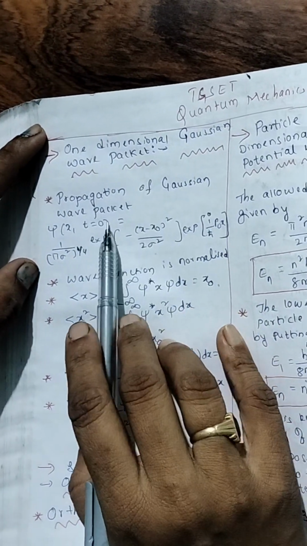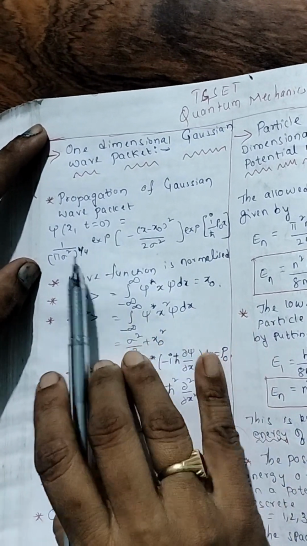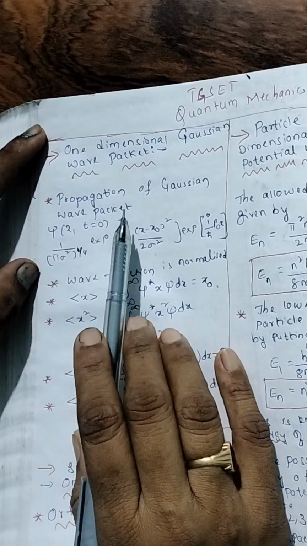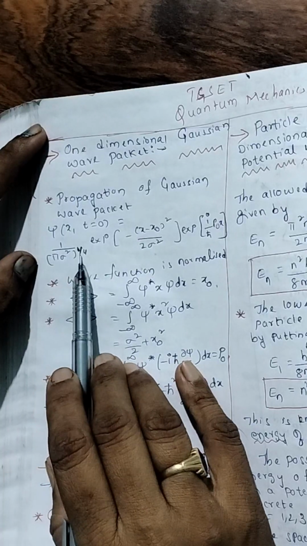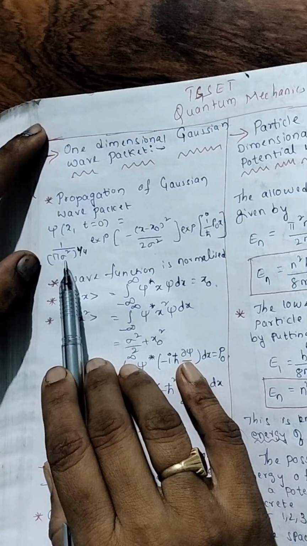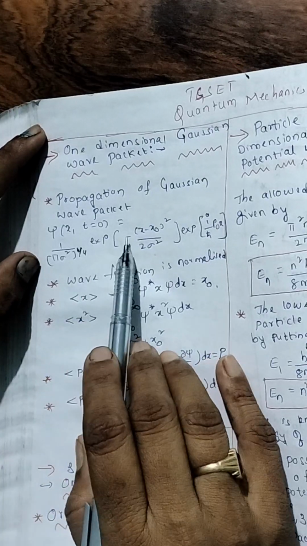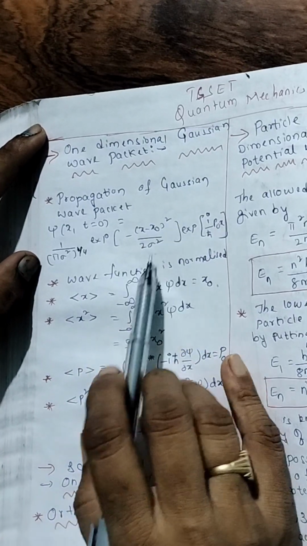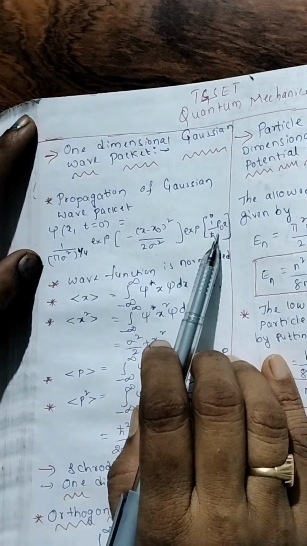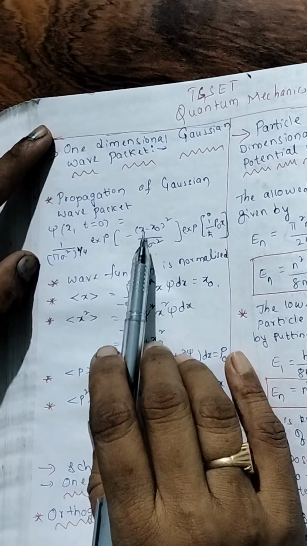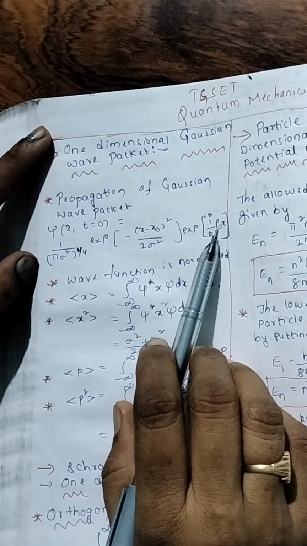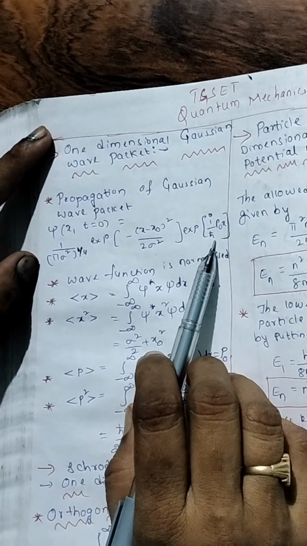The propagation of a Gaussian wave packet is written as the wave function psi(x, t=0) equal to (1 by pi sigma square) whole to the power of 1 by 4, where sigma is the spatial width of the wave packet, times e to the power of minus (x minus x naught) whole square by 2 sigma square, times e to the power of i by h cut p naught x, where x indicates the position and p indicates the momentum. h cut value is h by 2 pi.